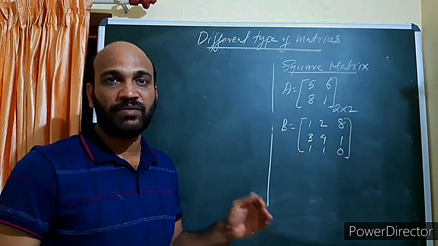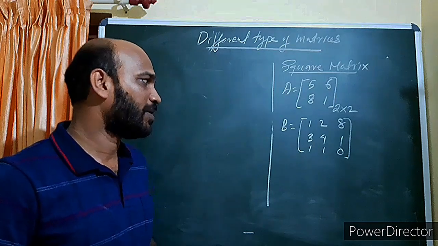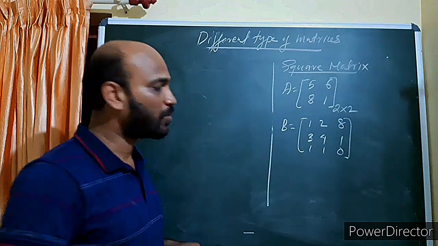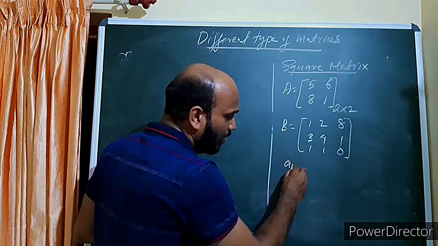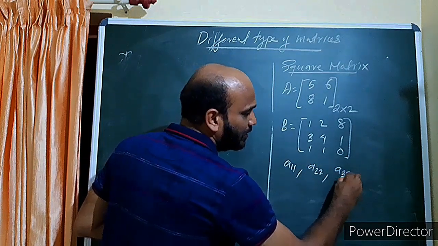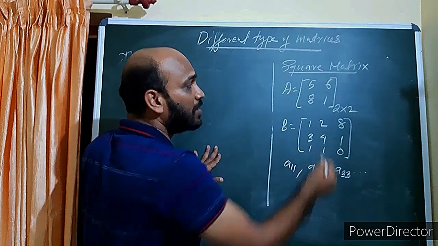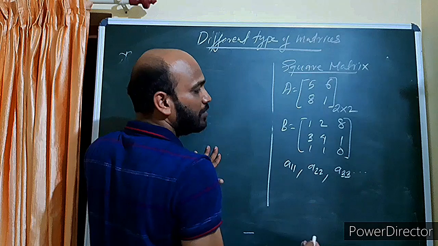In a square matrix, we have to note one thing: the diagonal elements. Diagonal elements of a square matrix are A11, A22, A33, etc. So in this case, the diagonal elements are 5, 1.